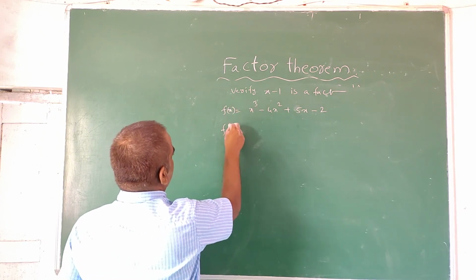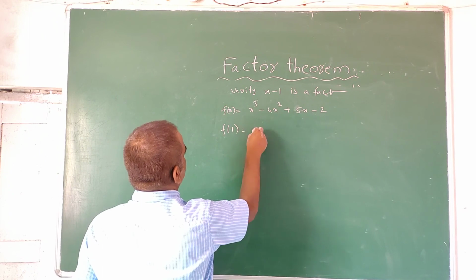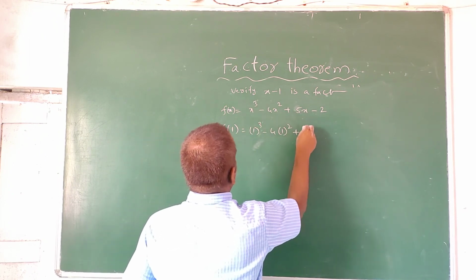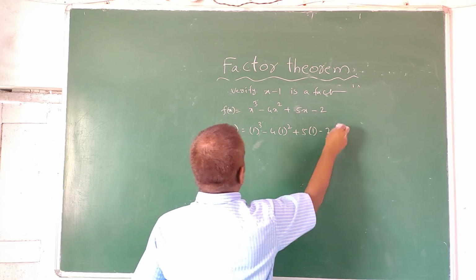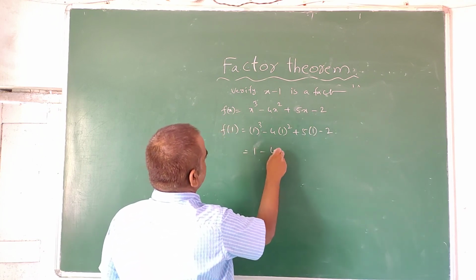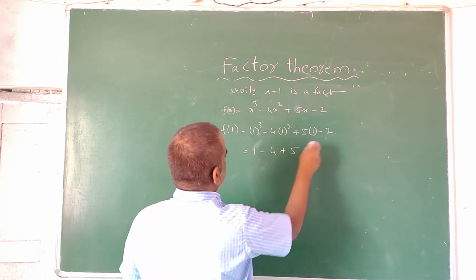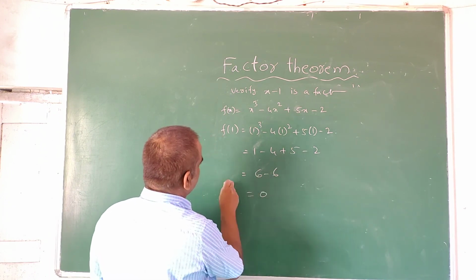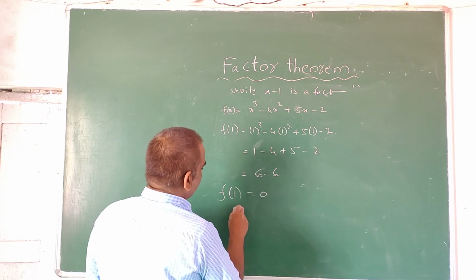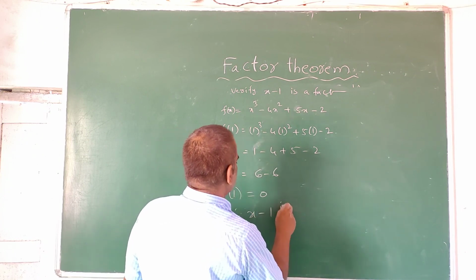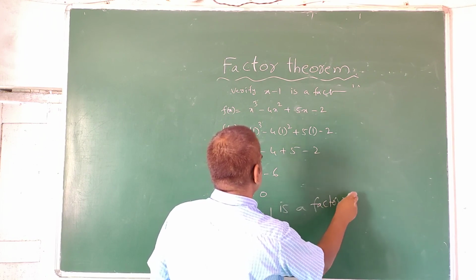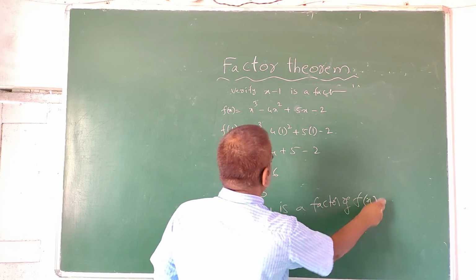So, now you put x is equal to 1, f of 1, 1 cube minus 4 into 1 square plus 5 into 1 minus 2. So, 1 minus 4 plus 5 minus 2. 1 plus 5, 6, minus 4 minus 2, 6. 6 minus 6, 0. f of 1 is 0. Therefore, x minus 1 is a factor of f of x. Understood?